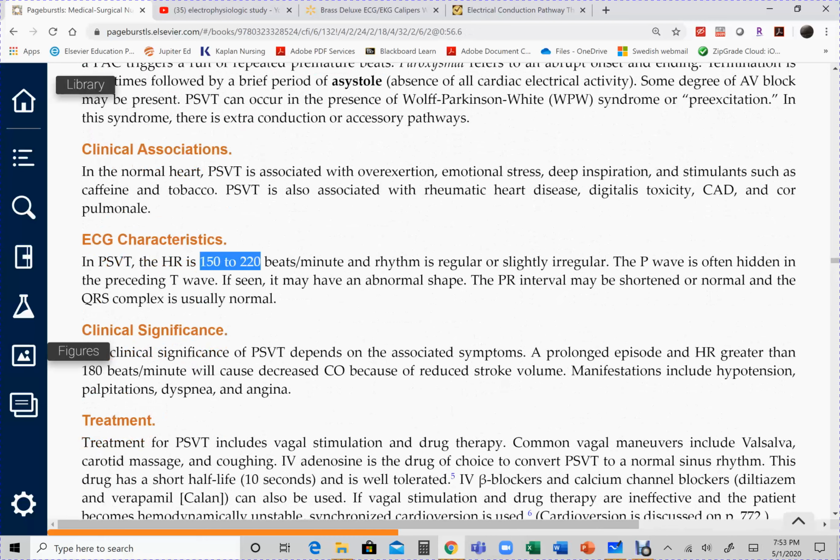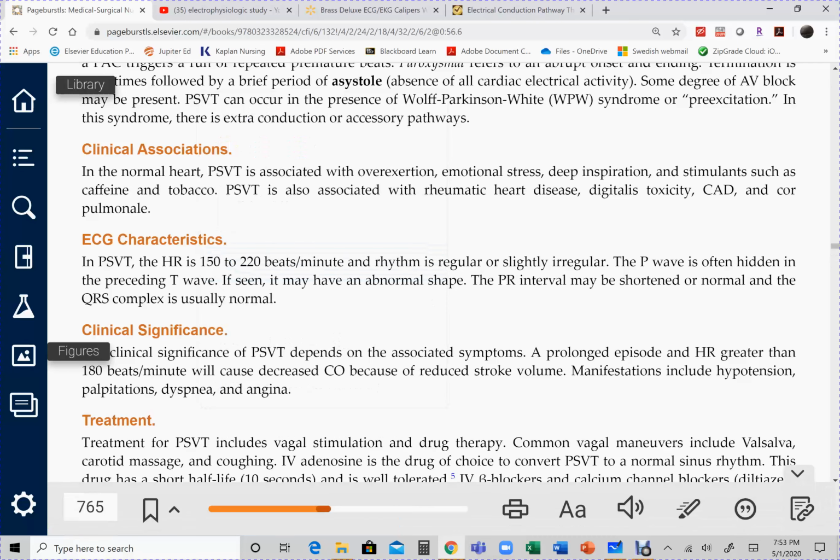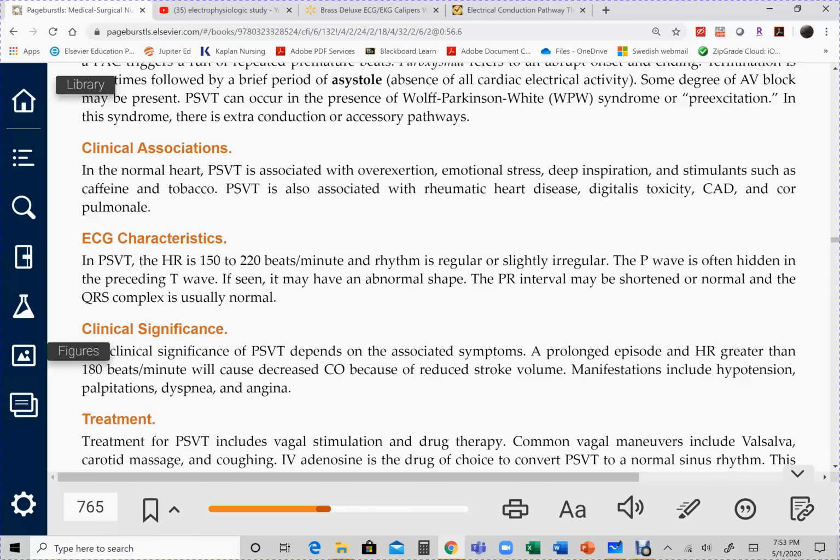There's no way you're gonna have a normal PR interval there, right? So there will be decreased cardiac output here now because there's not enough time for ventricular filling. Remember, PR interval is crucial. You need 0.12 to 0.2 seconds of PR interval for the ventricles to normally fill so that they can have adequate cardiac output.